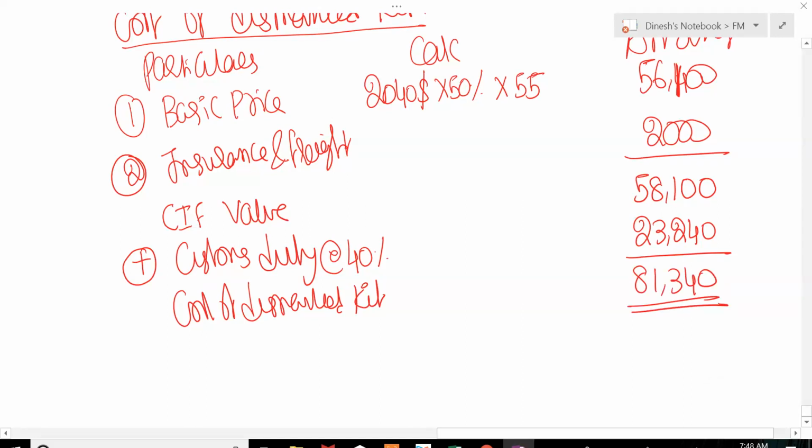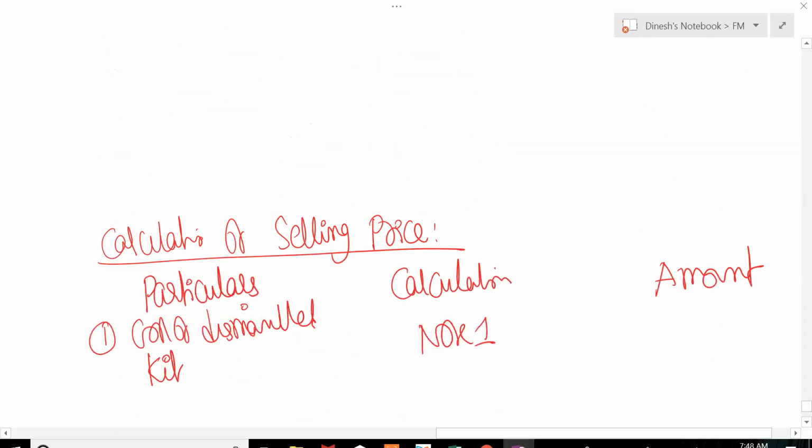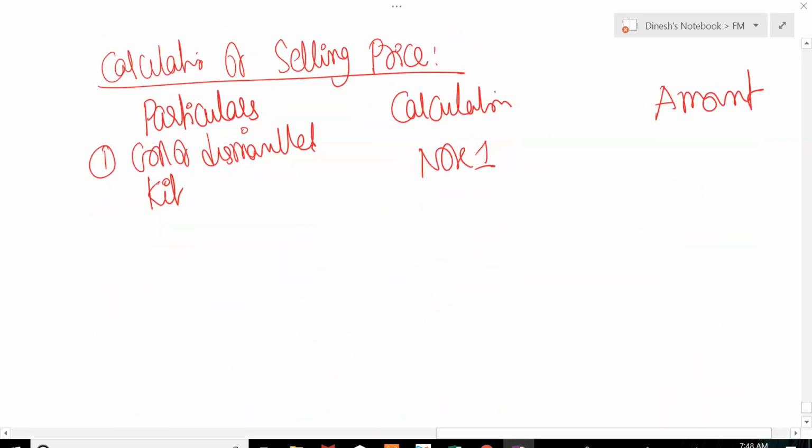This is my first cost. The dismantled kit itself will come to me only at 81,340. Clear? Can we proceed? So put this 81,340 here. Cost of dismantled kit 81,340.